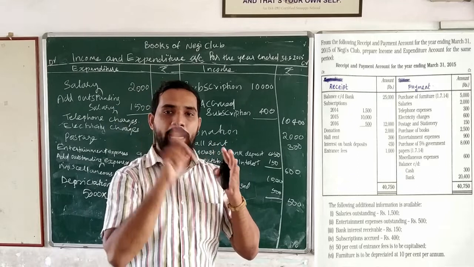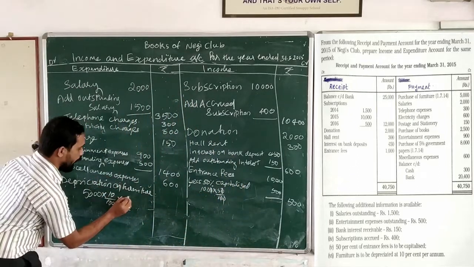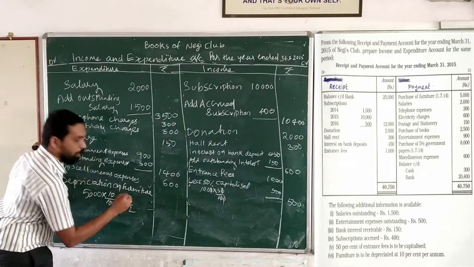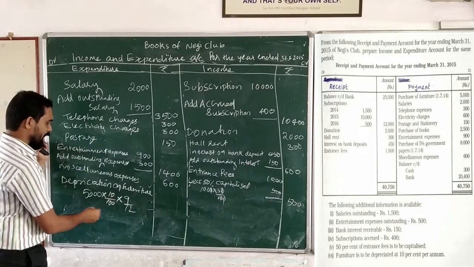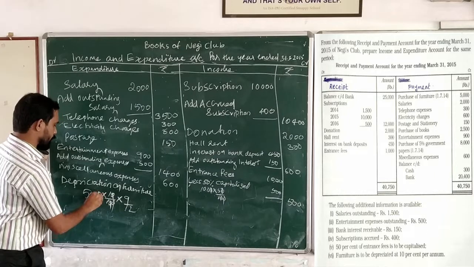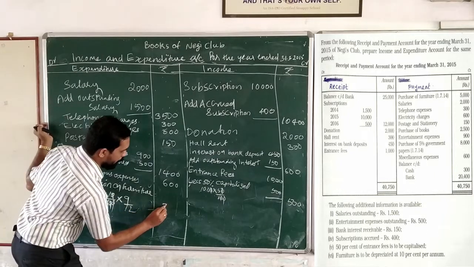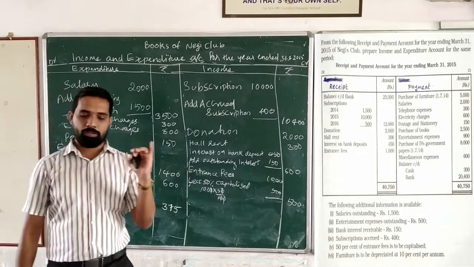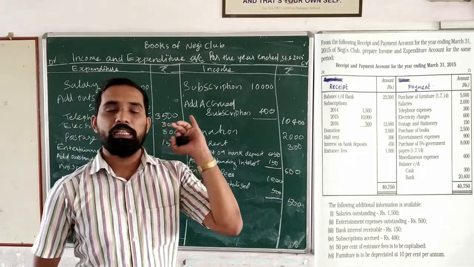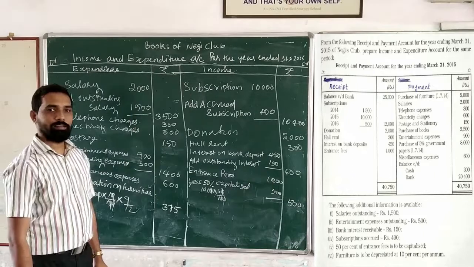That is 9 months. So 9 by 12. So the answer is 375. That is depreciation of furniture 375.